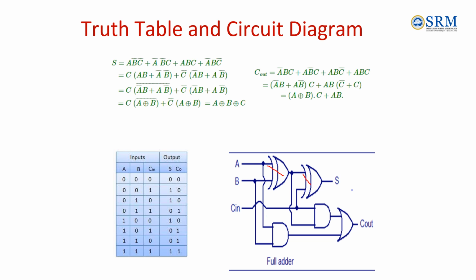Then the carry is A XOR B, this output into C, plus A into B. So this is the full adder circuit.